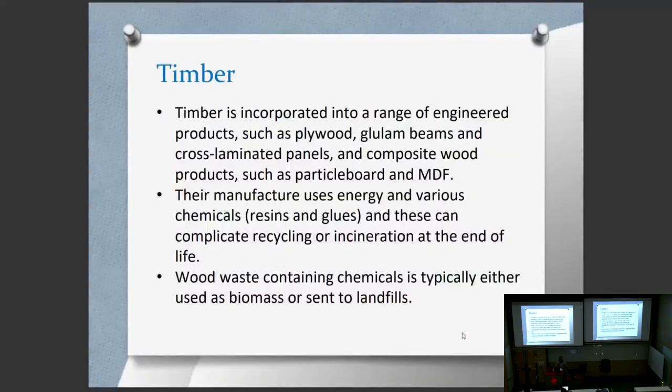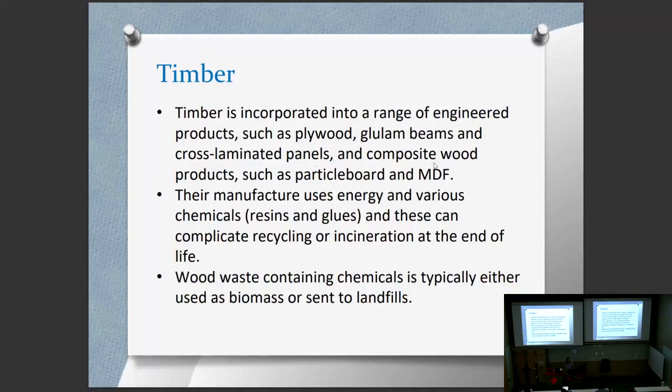So timber is incorporated into a range of engineered products. Apart from solid wood, timber may also be used in plywood, glulam beams, cross-laminated panels, or we call it cross-laminated timber, CLT. Very structurally sound timber can be used for beams and columns.